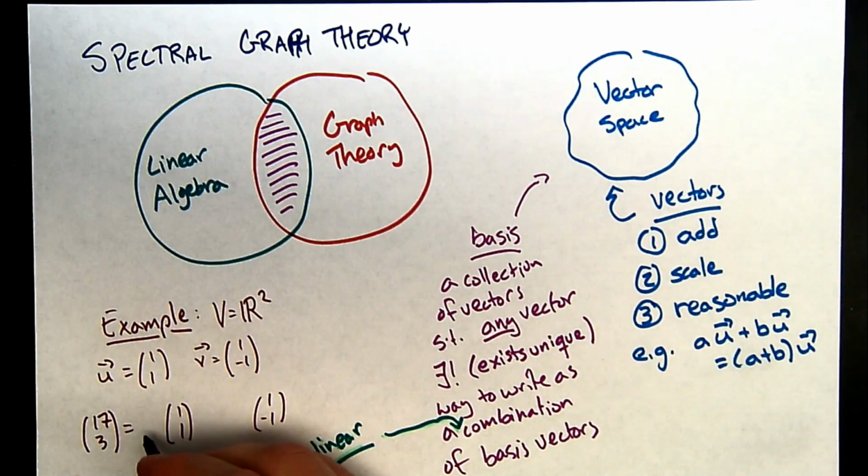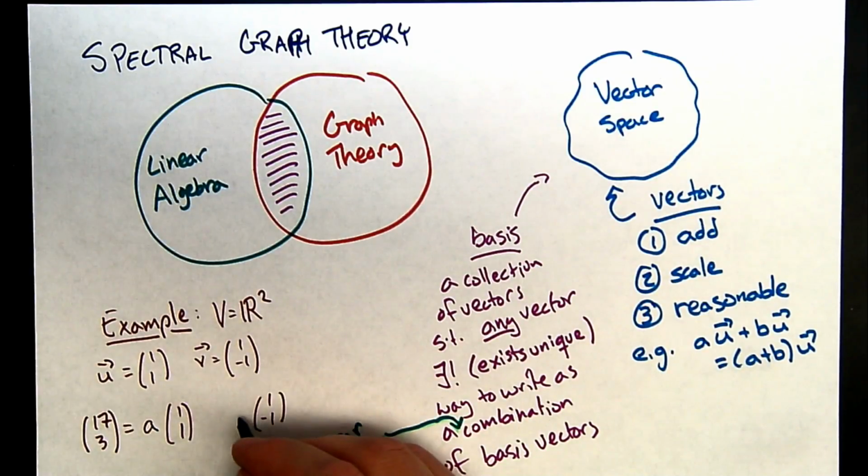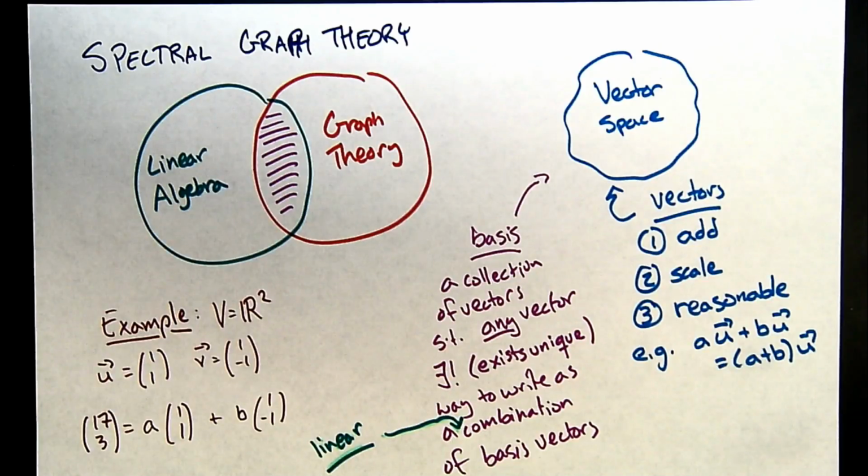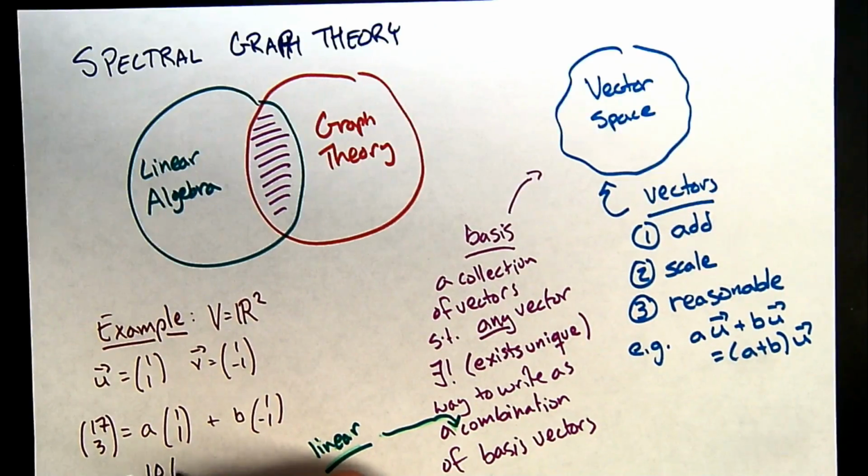All right, so, yes. Well, it's not so hard. What are we looking for? We're looking for two coefficients, a and b, so that if I add a and b together, I'd get 17. And then if I took a, subtract b, I'd get 3. Okay, well, is that possible?